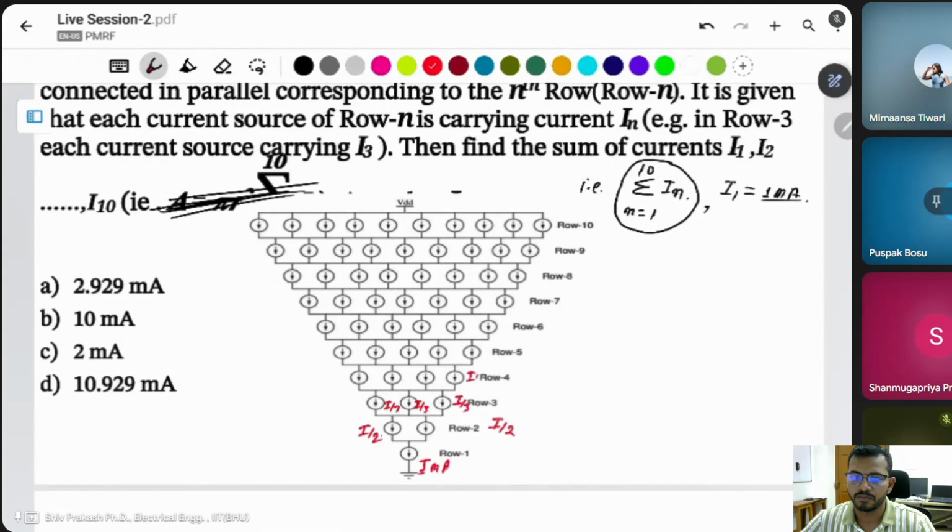Same here, I by 4, I by 4, I by 4 and I by 4, because the main current is I milliampere, I taken as I. Then this is divided into two parts, this is 3, this one 4 parts. Same thing, dot dot, the current will be I by 10, and this is also I by 10.